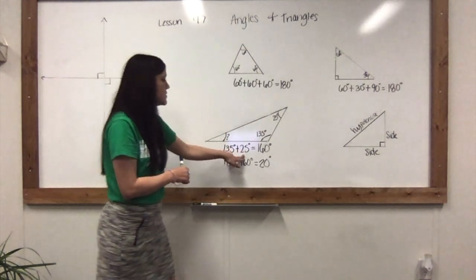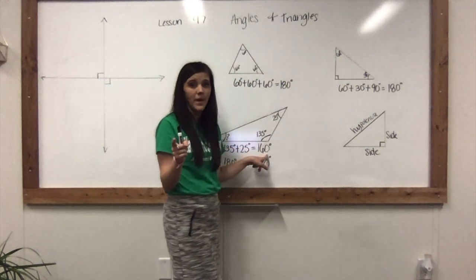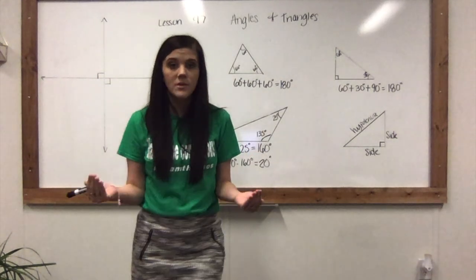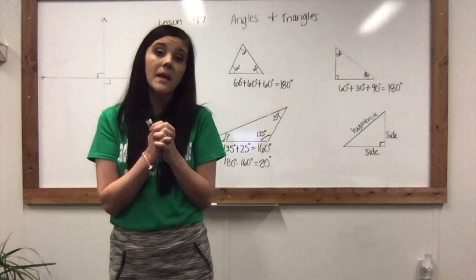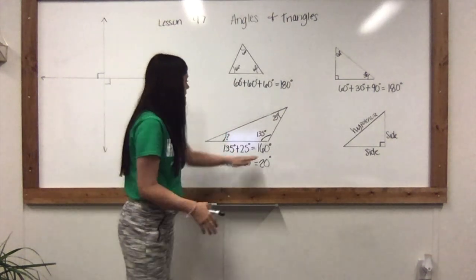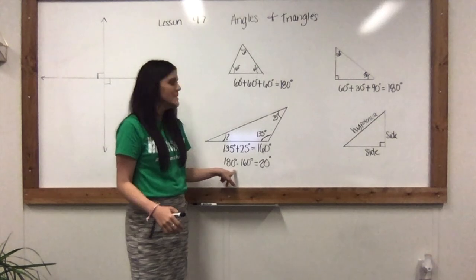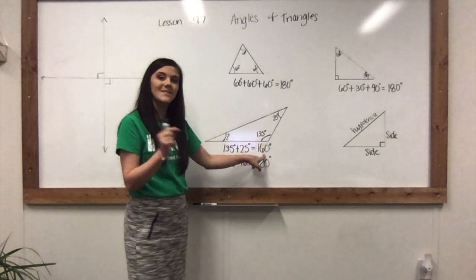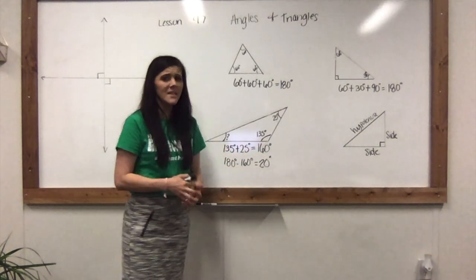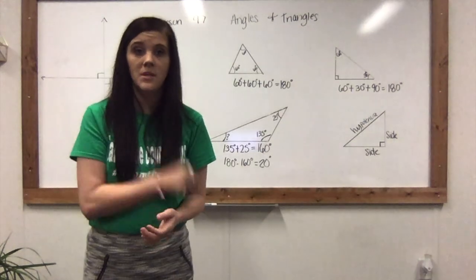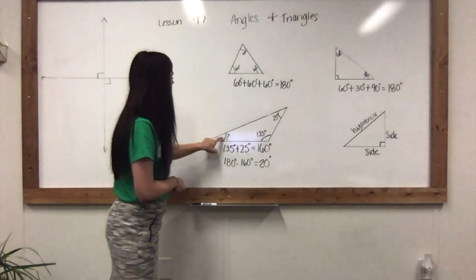So if we add those two together, we get 160, okay? We know that all of our angles in a triangle must add up to be 180 degrees. So we're going to take 180 degrees and subtract 160, and that's going to give us what that missing angle is. It's going to be 20 degrees, okay? So this angle right here would measure 20 degrees.